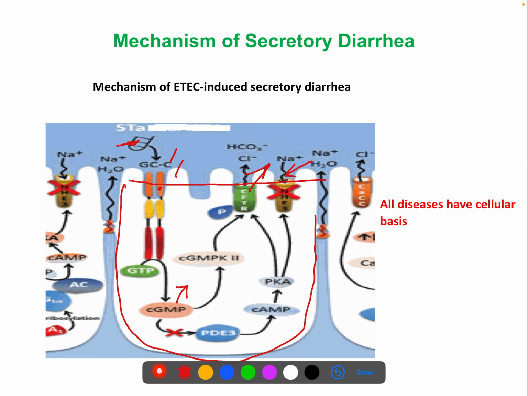Chloride and bicarbonate are secreted into the small intestinal lumen. So this will be the small intestinal lumen. Water follows these electrolytes by osmosis, resulting in profuse watery diarrhea. Because epithelial cells remain intact, there is no inflammation, explaining the lack of visible lesions.